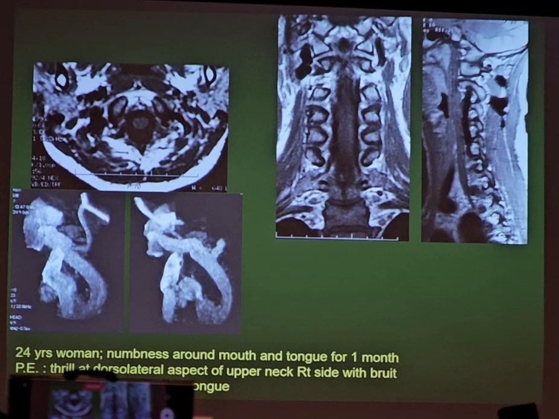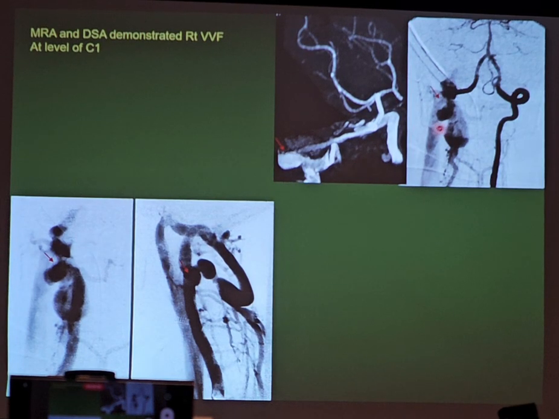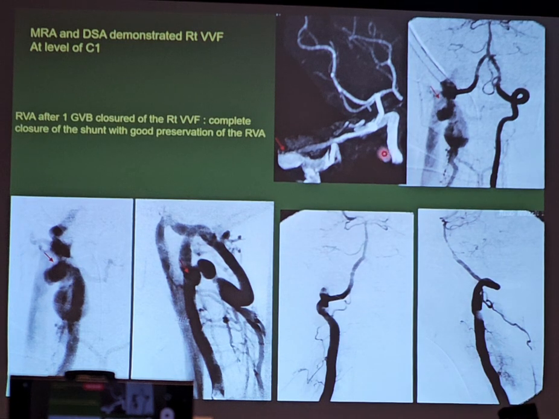We were seeing this at a little bit lower level, and the symptom is now impaired sensation of the tongue, so you know that the nerve lies at that level. Again, the vertebral injection shows you the ipsilateral and contralateral vertebral study.